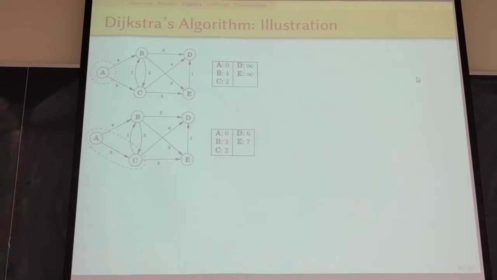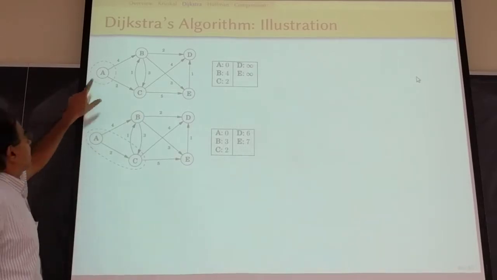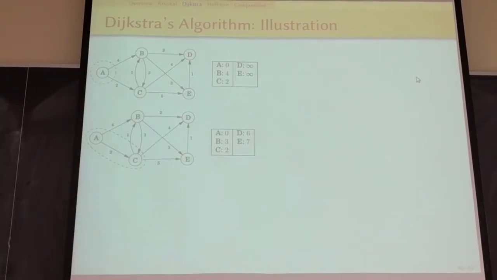Okay, let's look at this example to understand how the algorithm works. So you start with A. A is the source vertex, so you start with that. And then you're going to initialize.